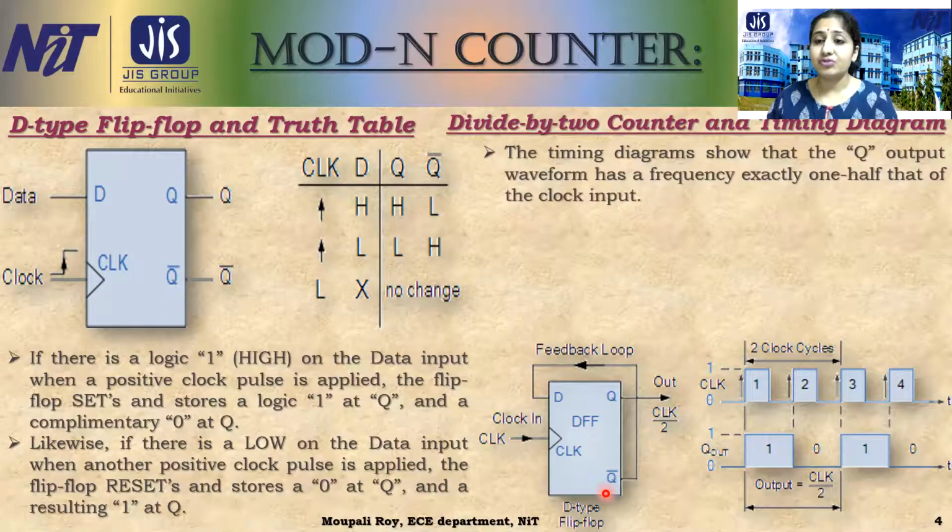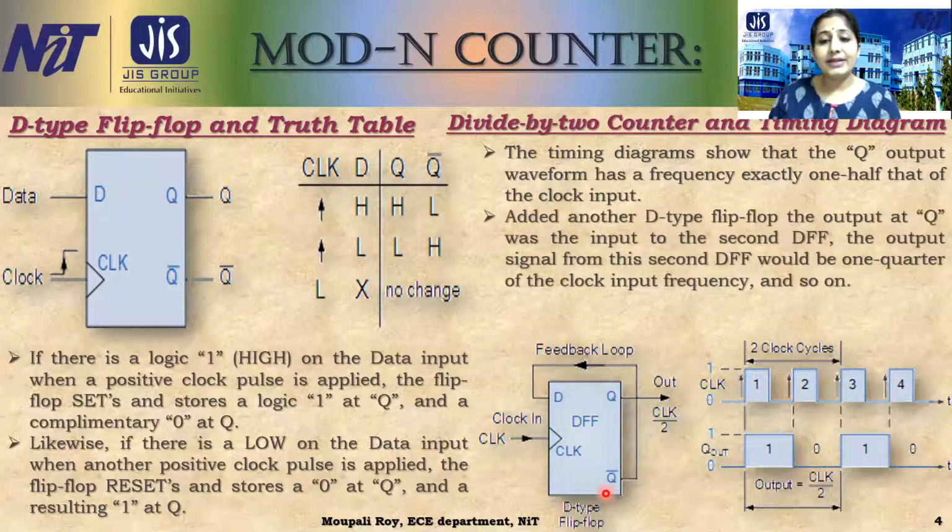So the timing diagram shows that the Q output waveform has a frequency exactly half of the clock input. Okay, so if we add another D flip-flop, taking the output of the first flip-flop, we get the second D flip-flop's output. The output signal for the second D flip-flop would be one quarter of the clock pulse input frequency, and so on, because we are getting the half clock pulse each time.